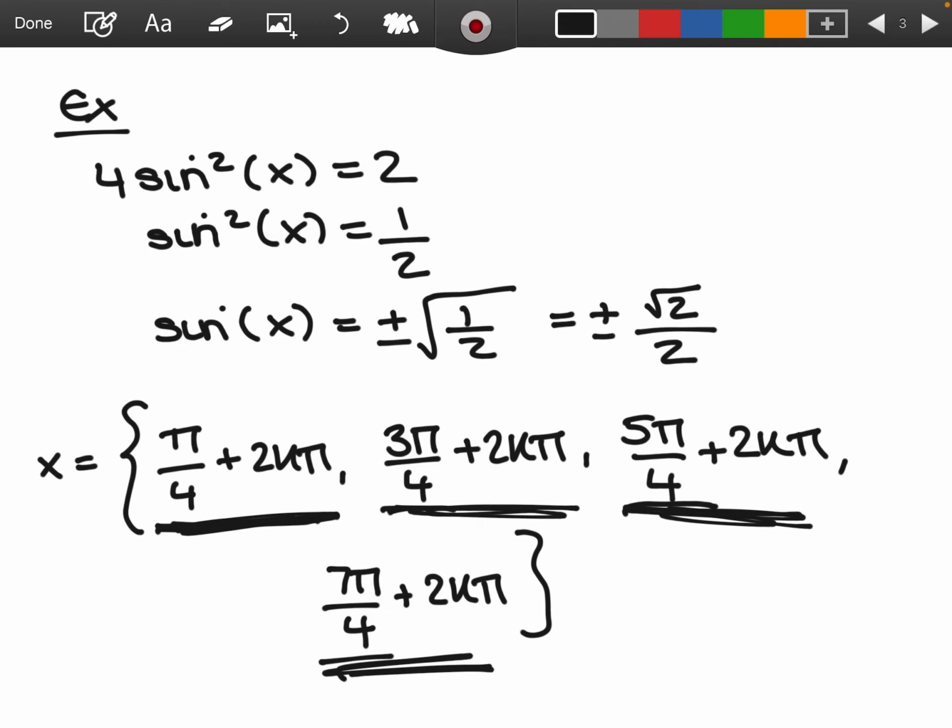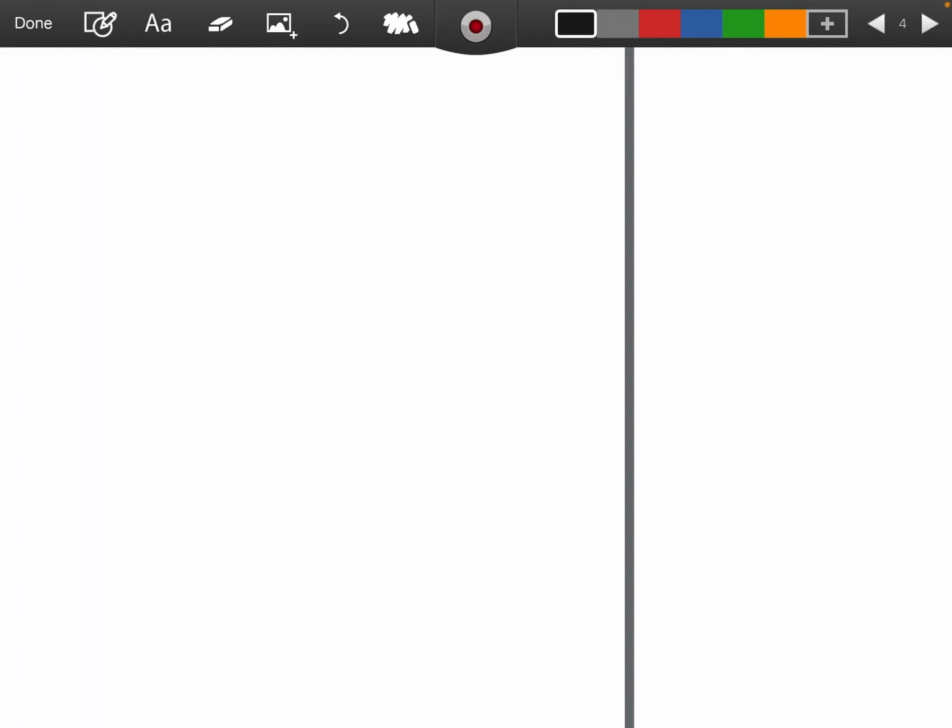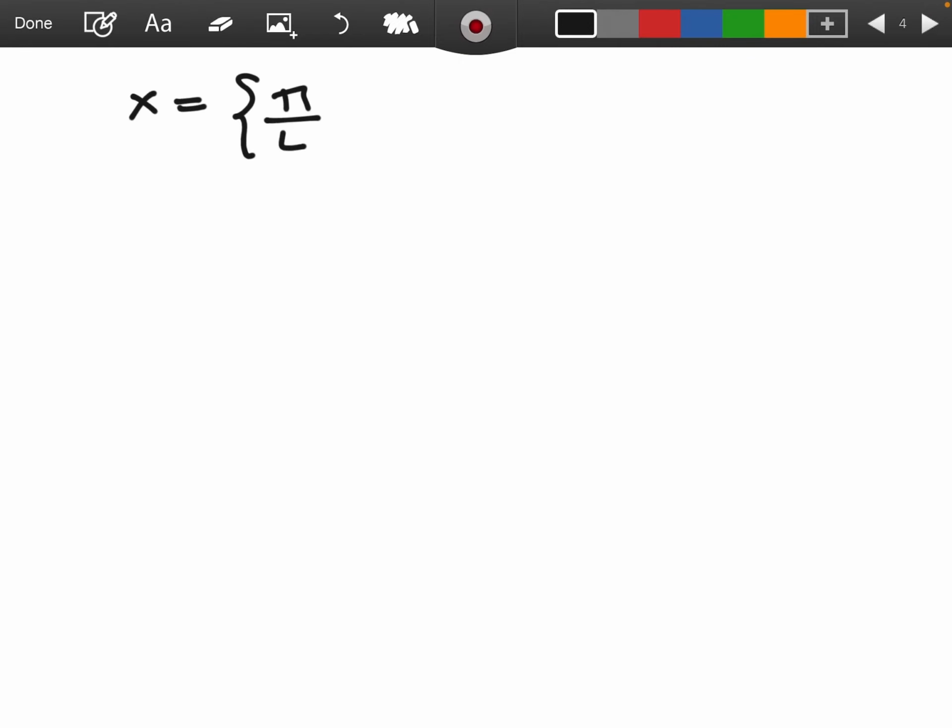Same happens when you subtract pi, you just go between the two sets. So I can combine those as 3 pi over 4 plus integer multiples of pi. So this just simplifies to x is equal to pi over 4 plus integer multiples of pi and 3 pi over 4 plus integer multiples of pi.